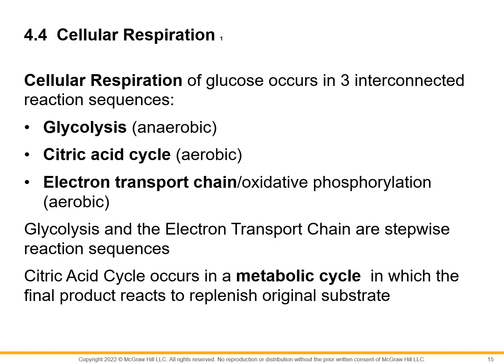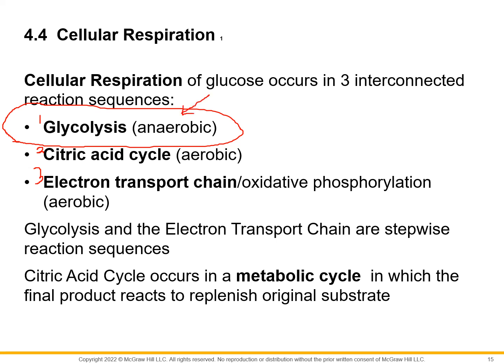And so just showing this was the first slide we looked at. So again, just remember 3 steps. First step is kind of all on its own. It occurs in the cytosol, and it doesn't require oxygen, so it is called anaerobic.